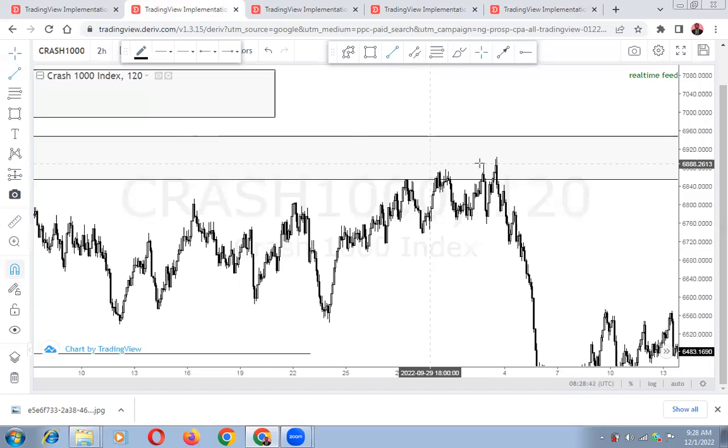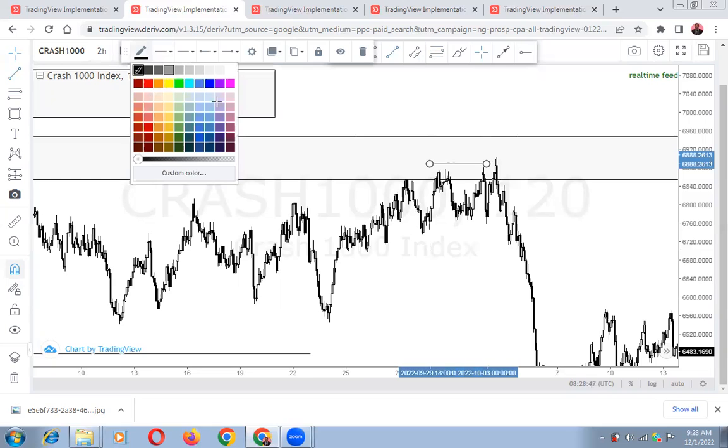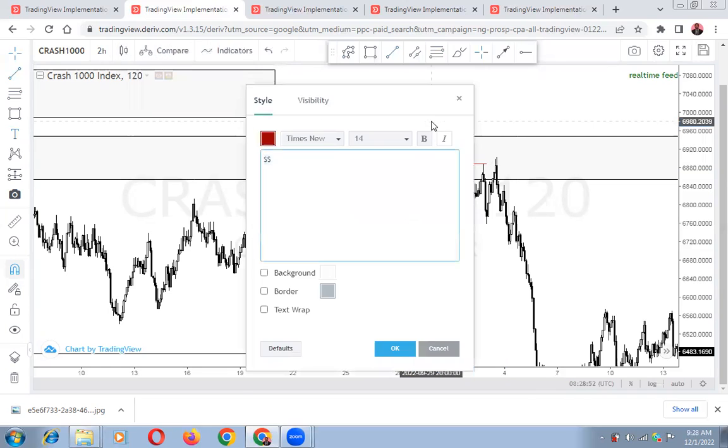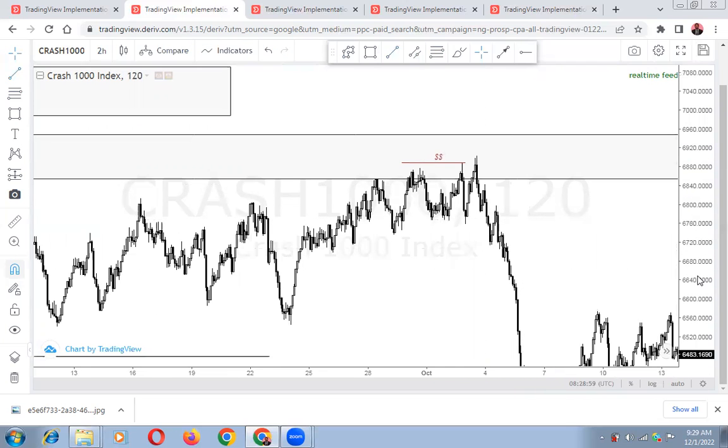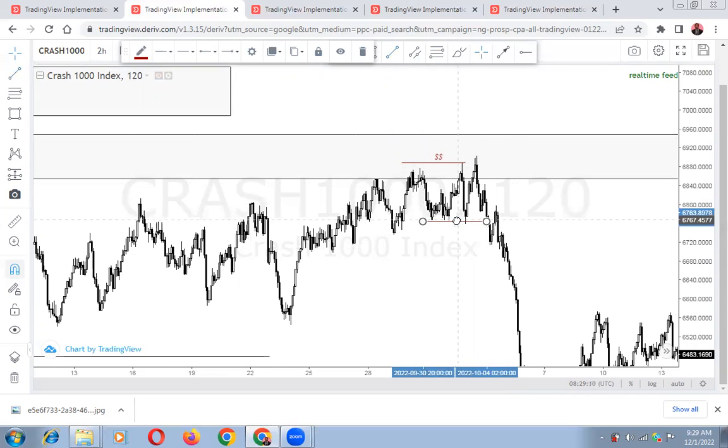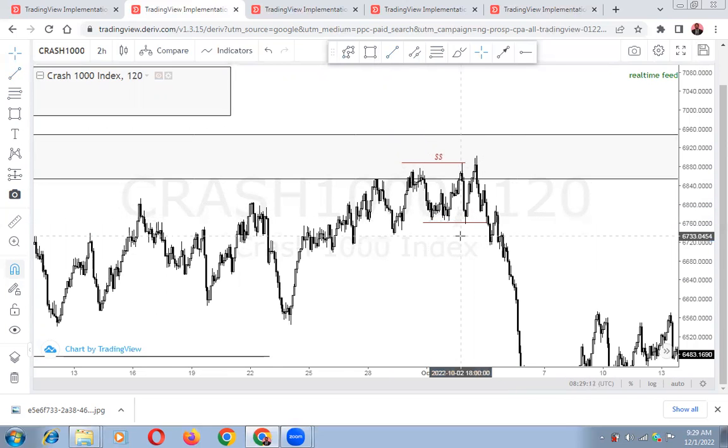Price first of all created tons of liquidity around this place, which it was coming to sweep. Price swept the liquidity, rallied down and broke structure.